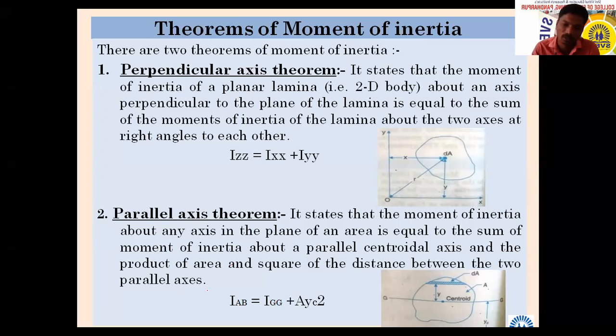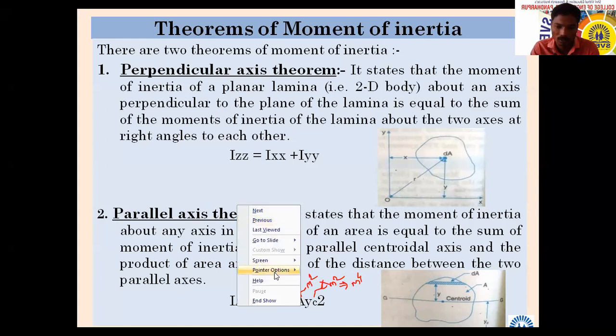What will be the unit of area? It may be meter square, and this distance square means again meter square. So meter square into meter square, what will be this? Meter raised to 4. And this is already meter raised to 4, so it will give the result. Are you with me? Yes, sir.